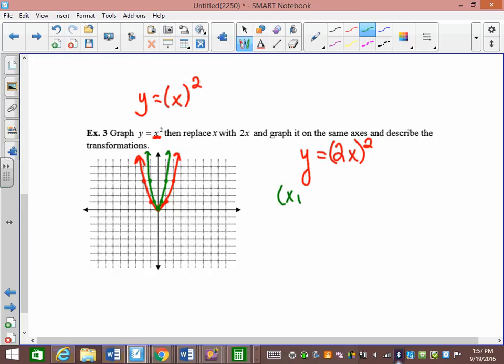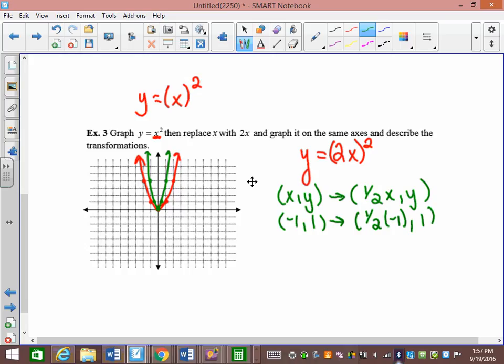So you have (x, y), you're going to end up getting (1/2 x, y). So for example, when I put that (-1, 1), it's going to be negative a half and 1. So basically every x is being halved and the y's stay the same.